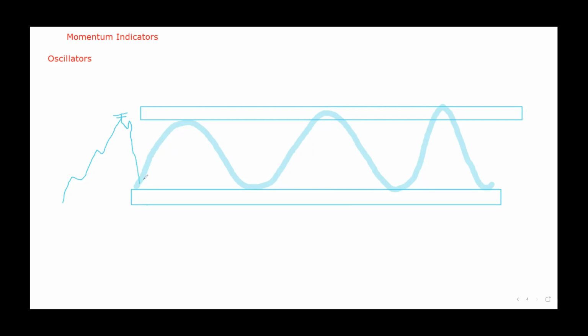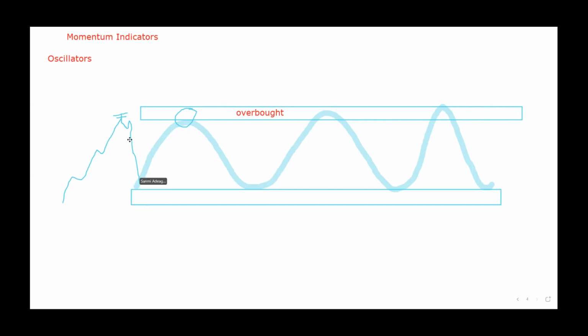But what we know is that once the RSI or the oscillators get to the upper boundary, it shows that the market is kind of overbought. Let's just use the term that is being used everywhere. And when it's overbought, it means that we'll most likely start seeing some weakness.